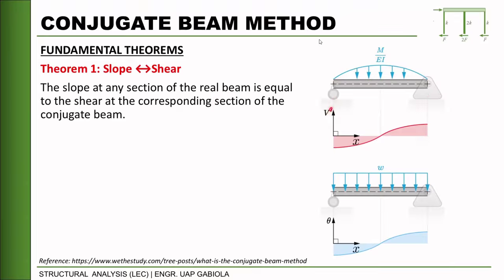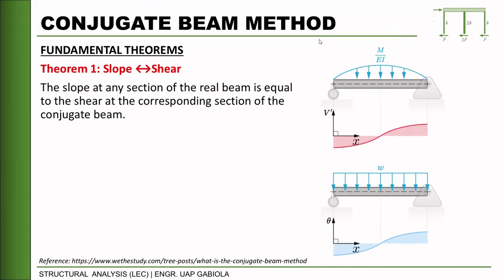The apostrophe says that this is for our fictitious beam, and this is our original beam. Once we get the derivative of our original deflection, we get our slope.